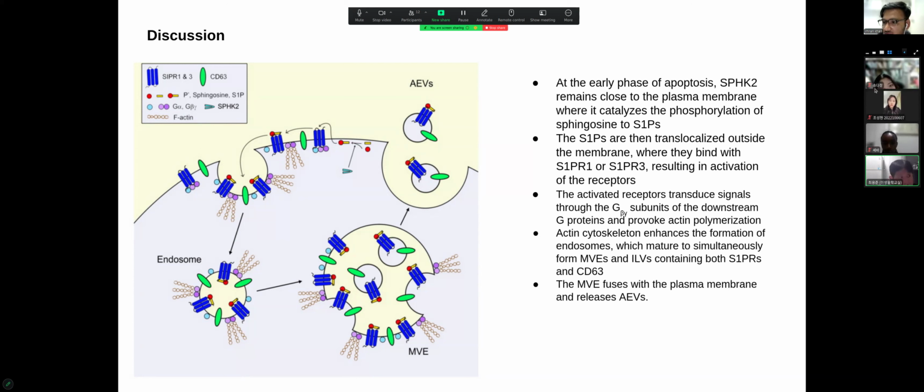That's why CD63 is prominent in exosomes. But the existence of CD63 in the multivesicular endosome does not mean CD63 is important for exosome biogenesis.